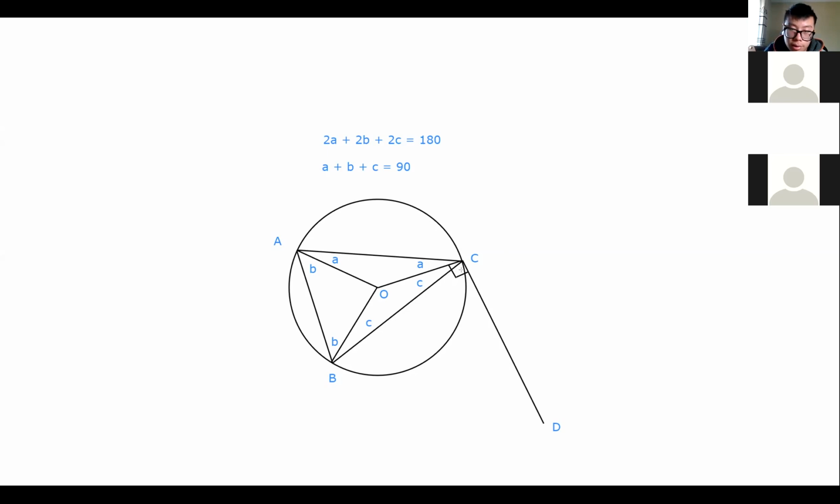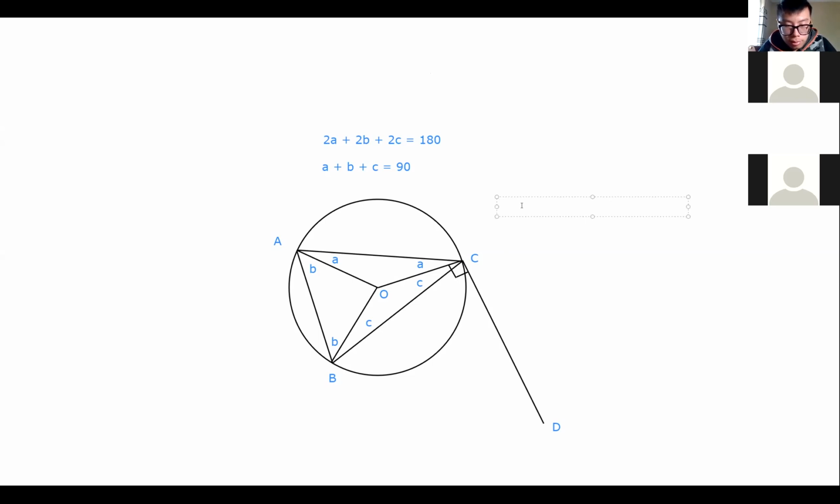Okay. So now we have this. We also have this angle c, which is part of that right angle we see right here. So this angle is OCD, but angle c is OCB. So now we can compare those angles.